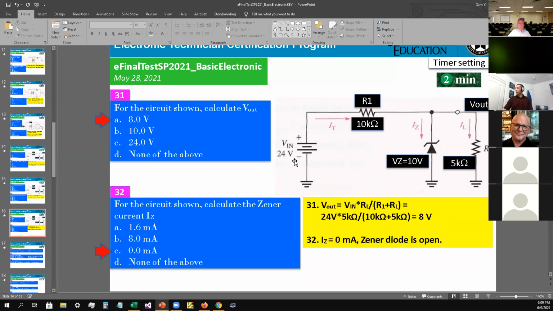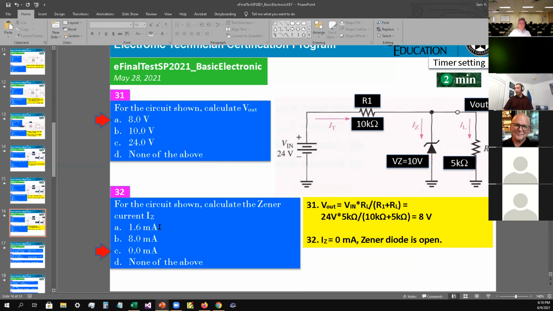So the Zener is going to be open. We do 24 times the 5K divided by the quantity R1 plus RL, so 10K plus 5K. That gives you 8 volt. So the answer is A as in apple for number 31.